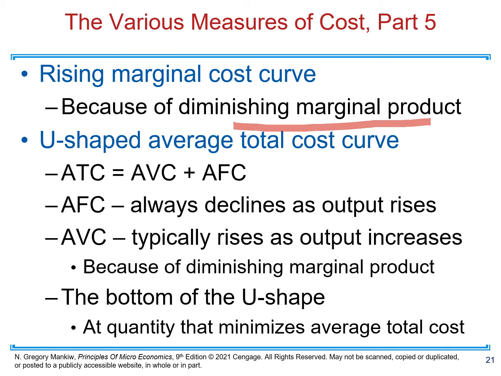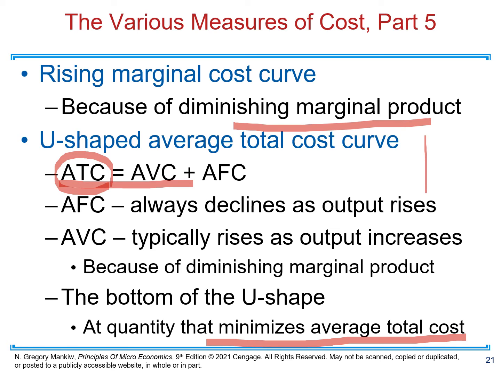Okay, a U-shaped cost curve. This curve is U-shaped, right? It comes down, then it turns around and goes up. Average total cost always declines as output rises at first, and typically rises as output increases because of diminishing marginal product. At the bottom of the U-shape, that quantity minimizes the average total cost.